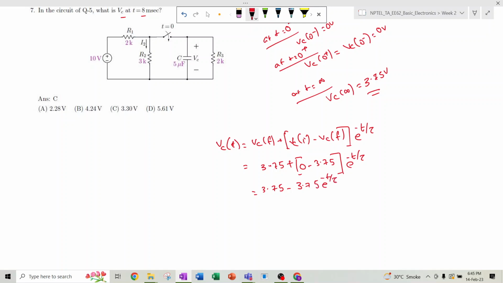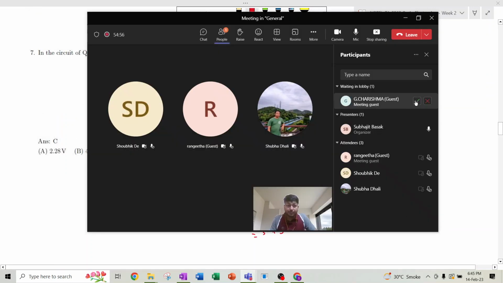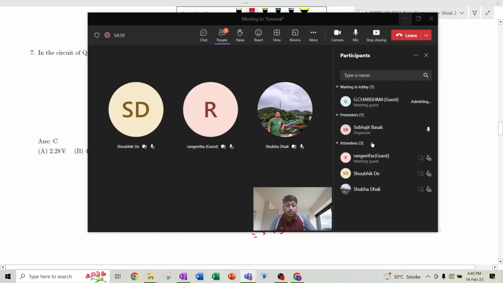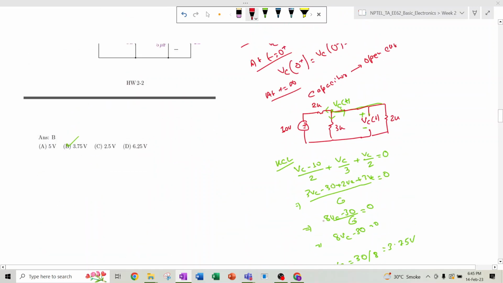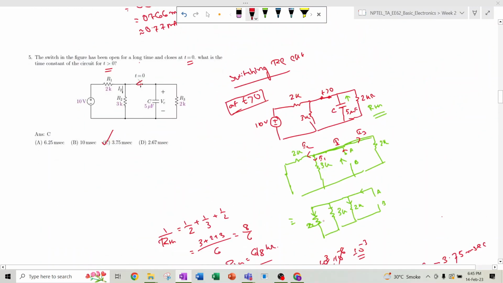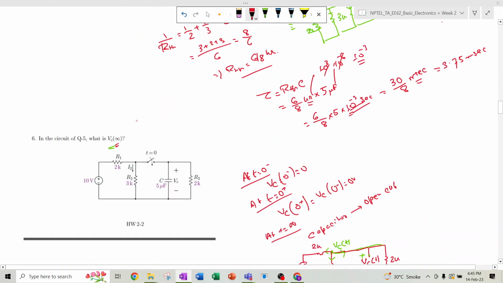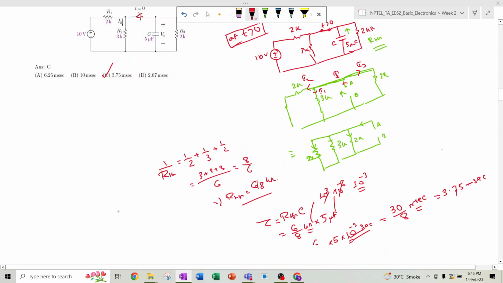So what is the tau? Tau is the time constant of the circuit. As we have already determined, the time constant is nothing but 3.75 millisecond.